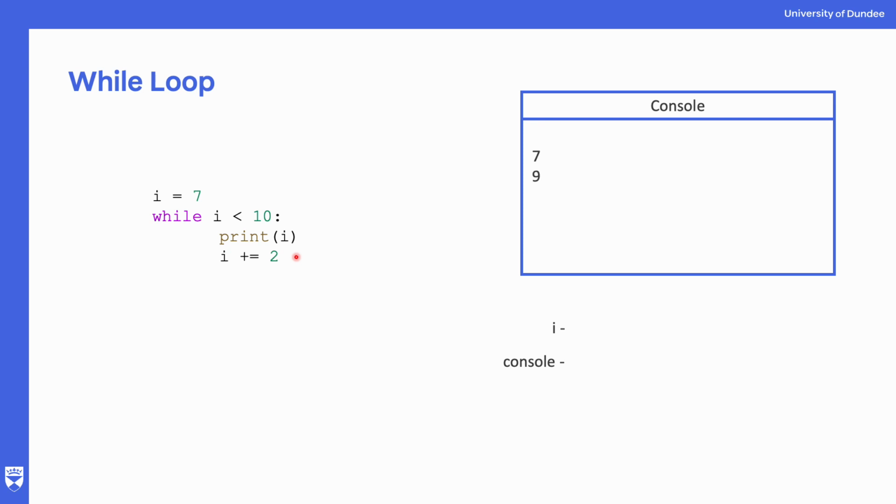Again, let's walk through. i is 7. 7 is less than 10, true, so print out. Increment by 2 gets me to 9. Is 9 less than 10? True, print it out. Increment by 2 gets me to 11. 11 is less than 10 is not true, and so my loop ends.